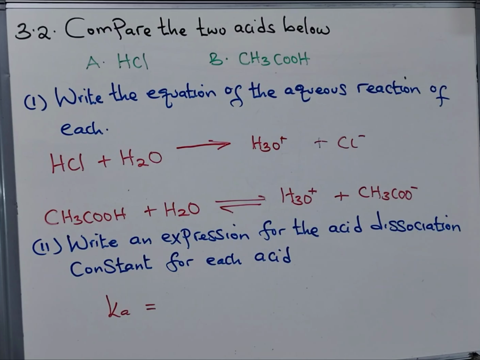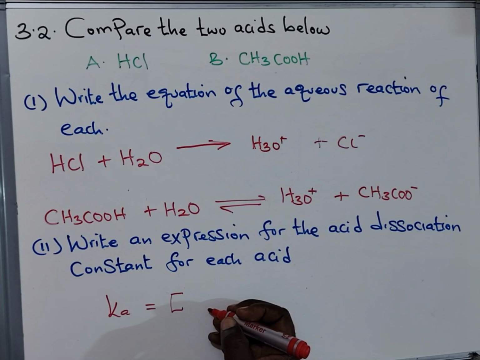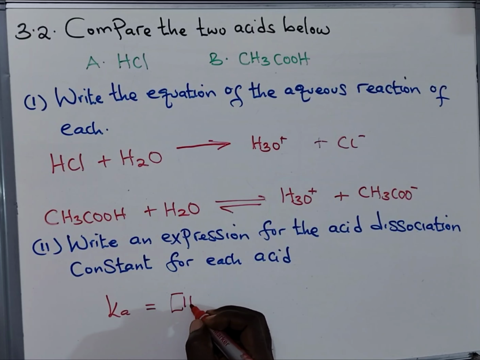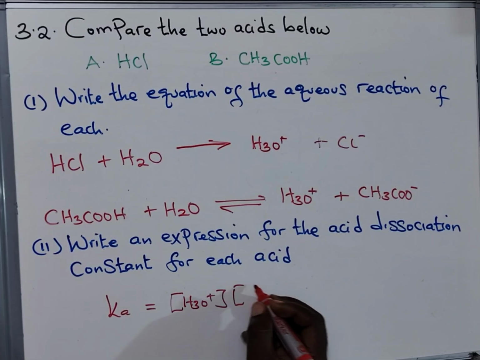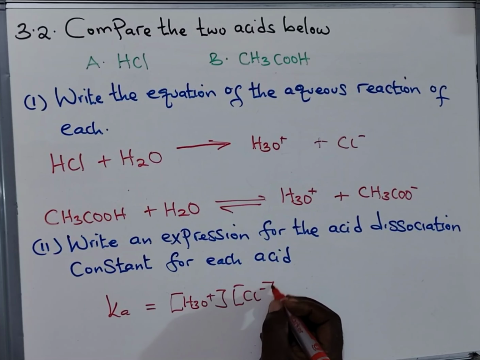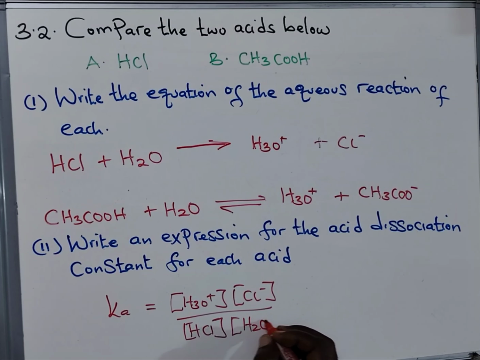So in this case, what are we having? We're having the square bracket representing the concentration. So we have hydronium ion times Cl minus over HCl and water.